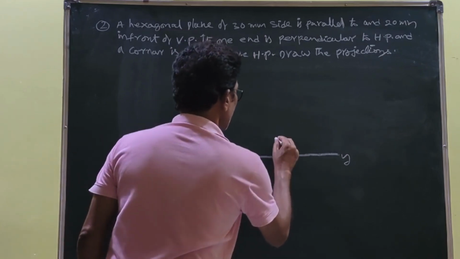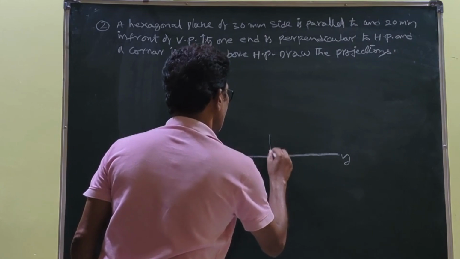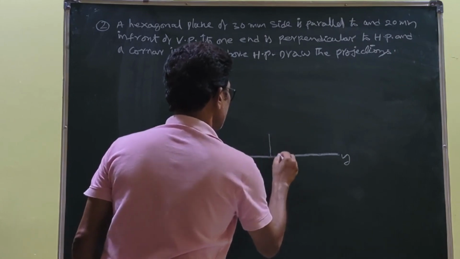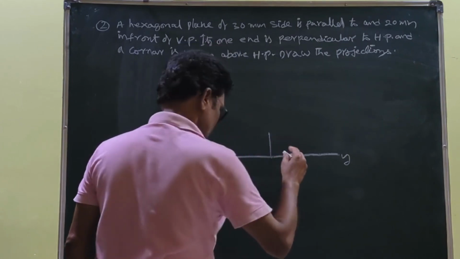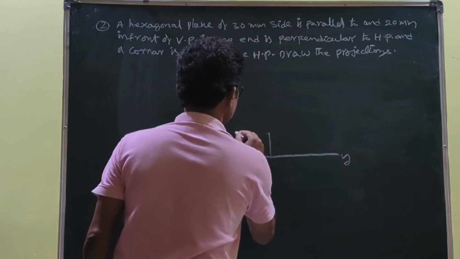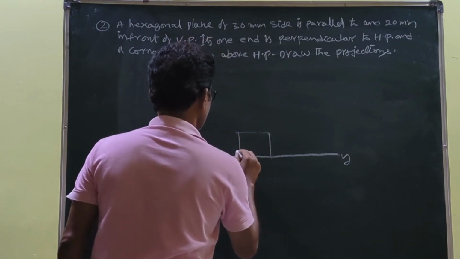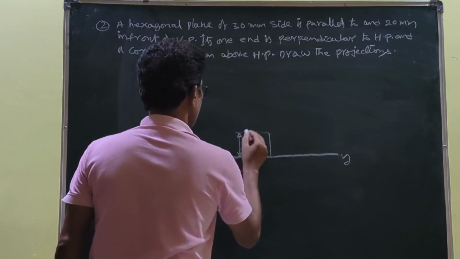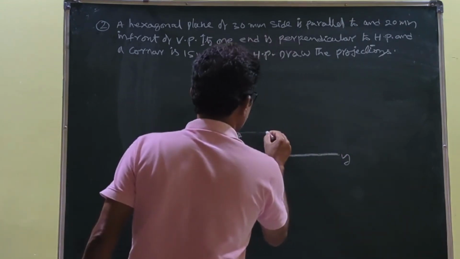So therefore you draw here a vertical line perpendicular to XY. Let us say that is the 15 mm above HP, the one corner.